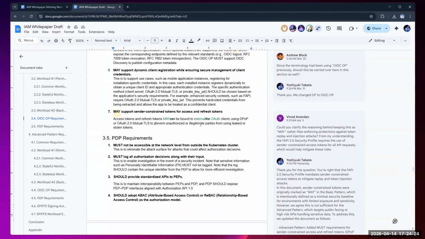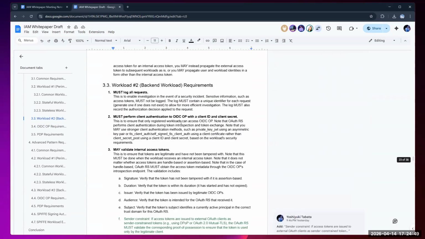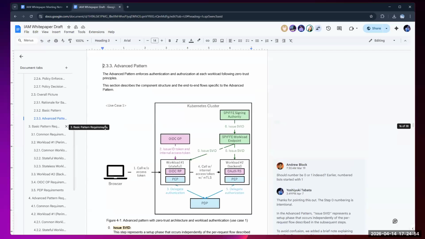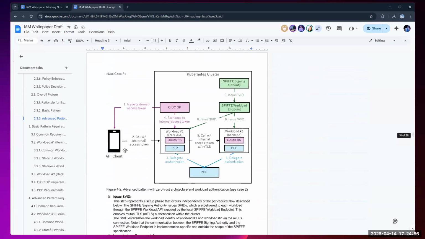One more thing. Previously, the access token and refresh tokens could be bound to the client using DPoP or mutual TLS. But we can only adopt this sender-constrained token for use case 2 and only for the API client, I think.